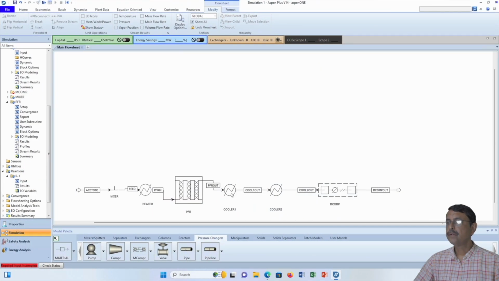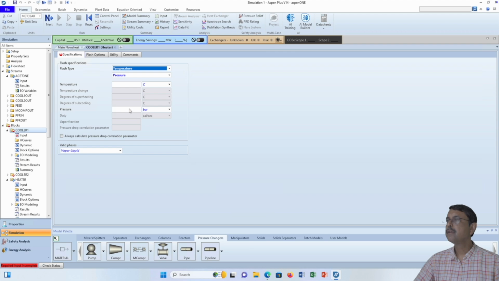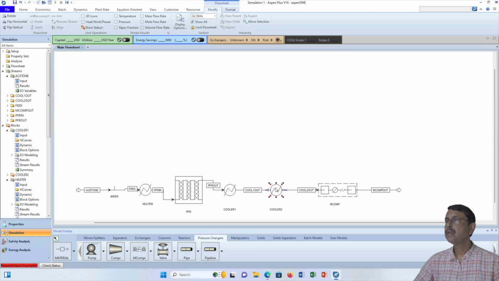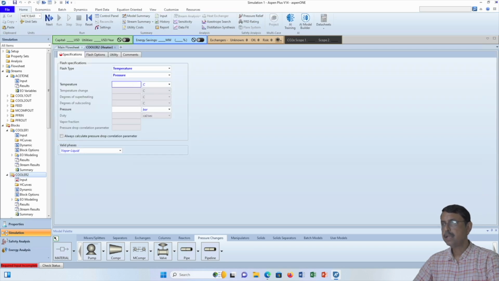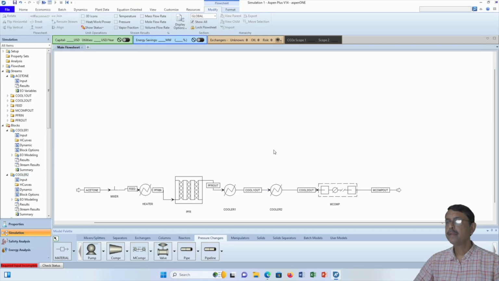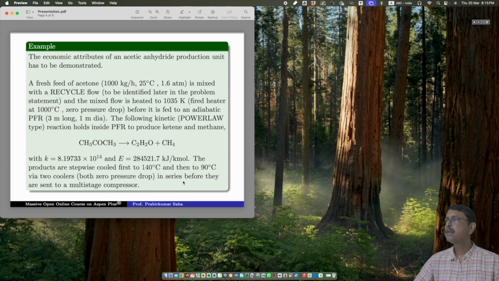Okay, so here it is 140 degrees centigrade and zero pressure drop, and then this will be 90 degree with zero pressure drop. Okay. Then it goes to the multi-stage compressor.